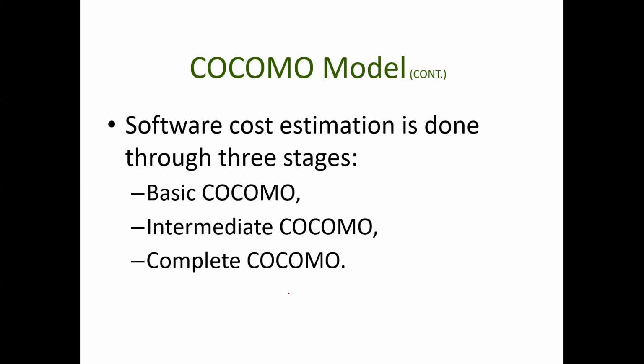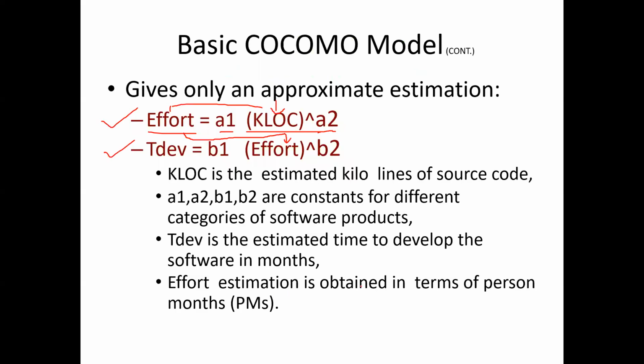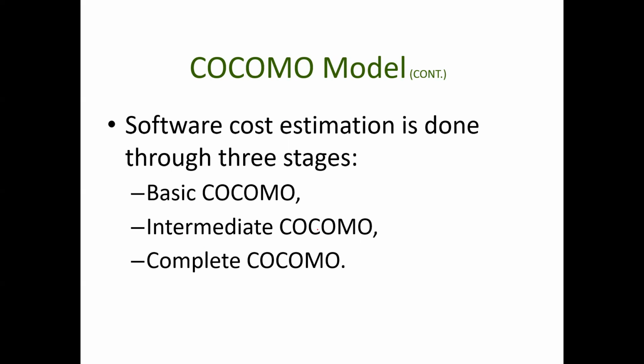Only product size, because that's why I am giving KLOC as my input. Here only KLOC is my input; no other parameters are taken into consideration. That is basic COCOMO. In intermediate COCOMO, you should calculate everything.